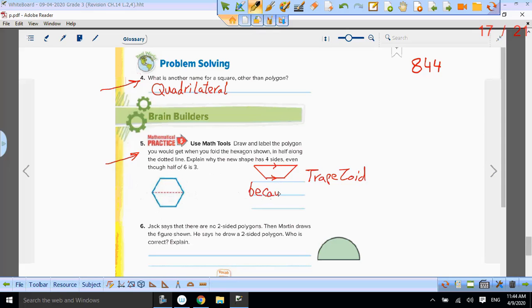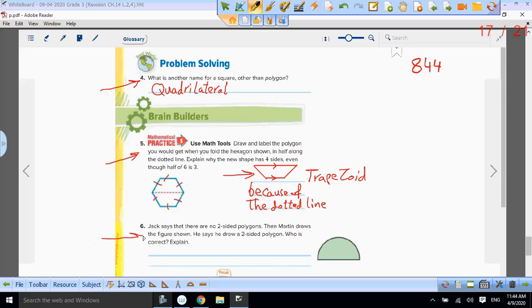Because of the dotted line. This is the 4th one. We didn't count it in the hexagon because the hexagon has 6 outer sides, but in the trapezoid we counted it.